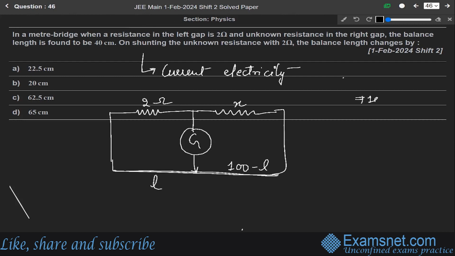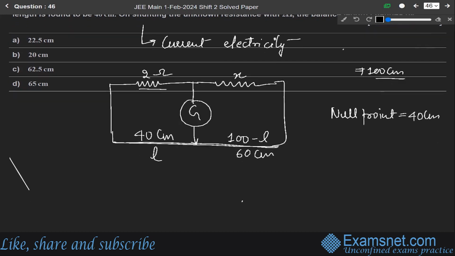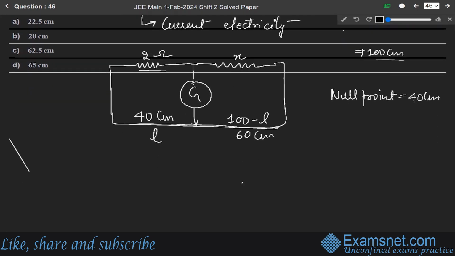The left gap has resistance 2 ohm and the balance length is 40 centimeter. If this is 40 centimeter, then this will be 60 centimeter. So if the null point is at 40 centimeter, then using the formula for the meter bridge, 2 over 40 equals X over 60.